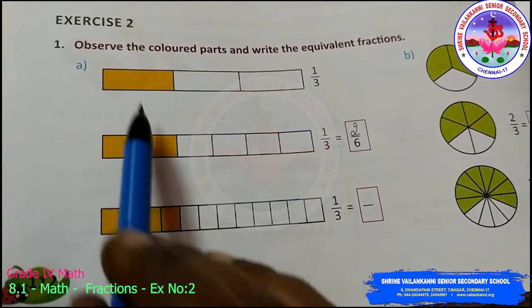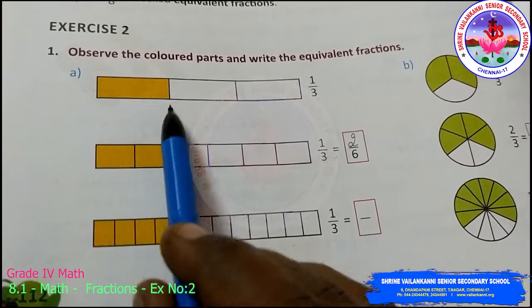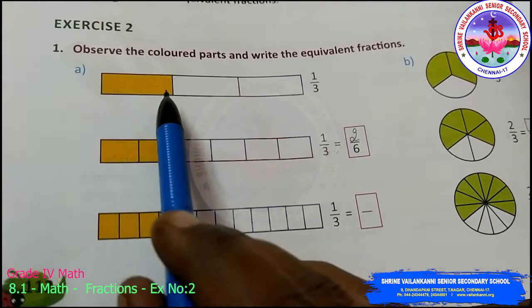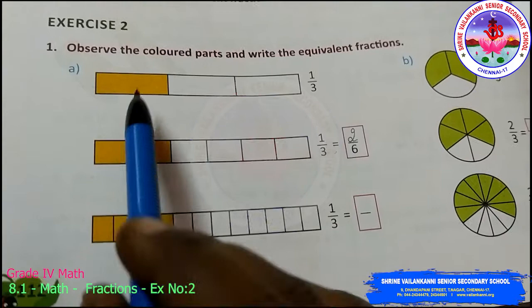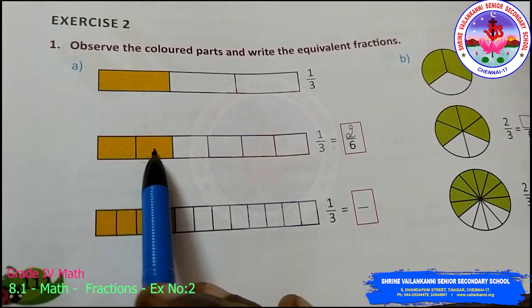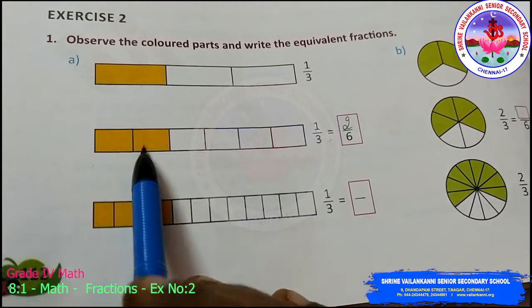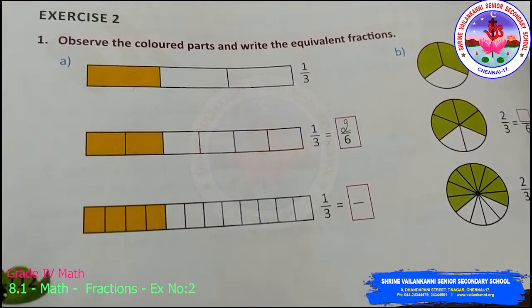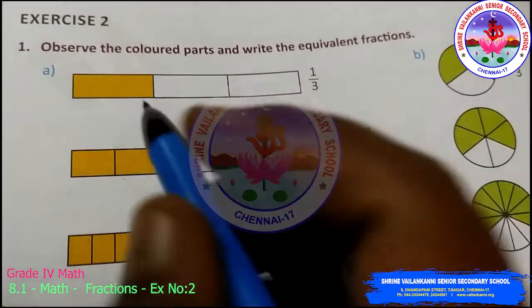Just compare the colored parts. See, the same size is colored, but here it is one part and here it is divided into 2 parts. But the length of the size of this part is equal. Can you see?